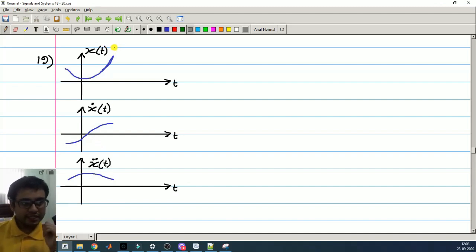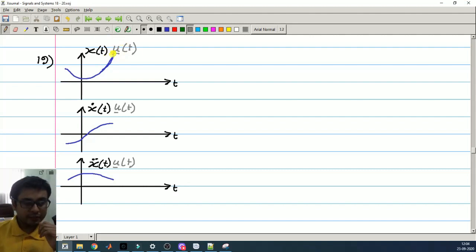Now we may multiply these signals with the step signal u t, which I am calling u minus t, to indicate that the value of these signals at time 0 is preserved.